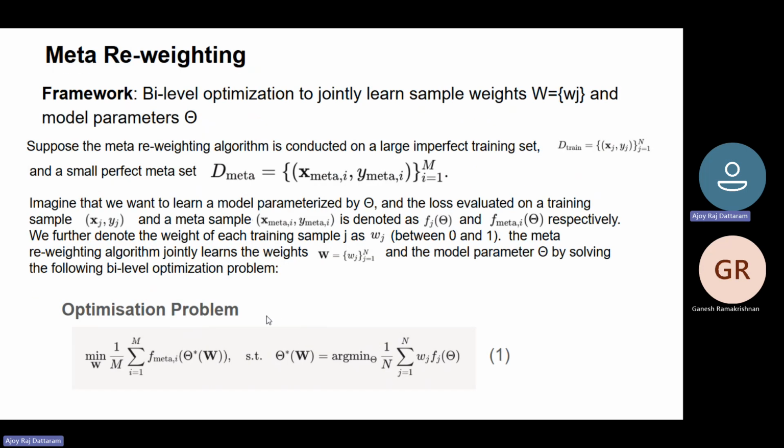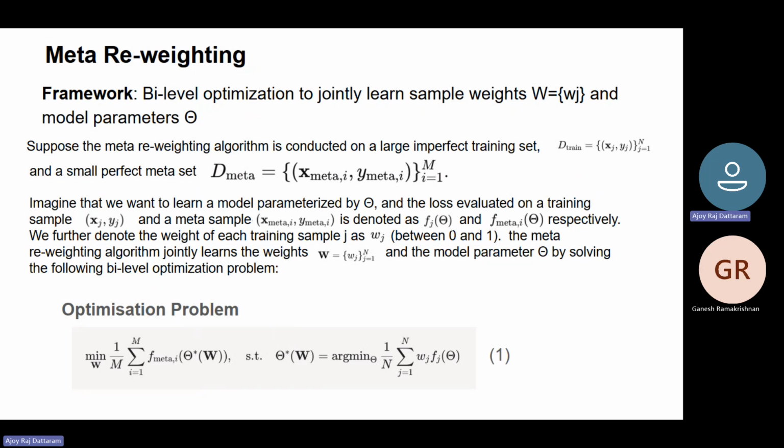So here is the optimization problem. We have to minimize this function such that the model parameter is equal to the function. The process repeats until the model gets good.